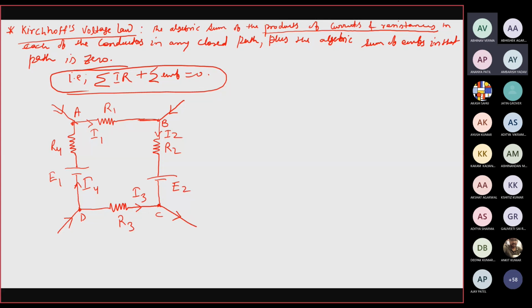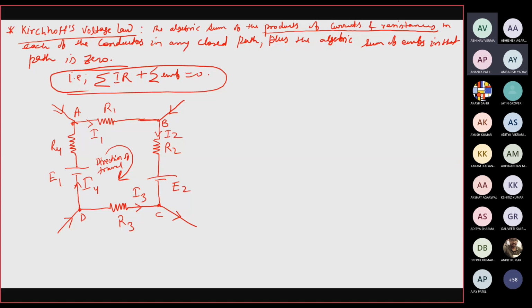Now the application of this KVL also depends upon the direction of travel, meaning whether you want to move in this closed path in clockwise direction or anti-clockwise direction. First of all, let us consider we are moving in clockwise direction. That is, this is the direction of travel.